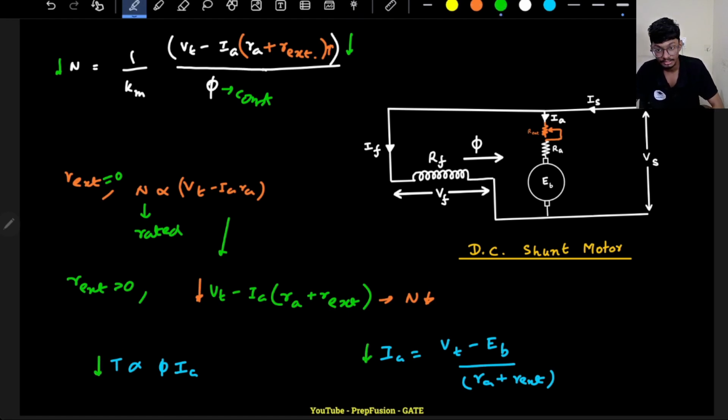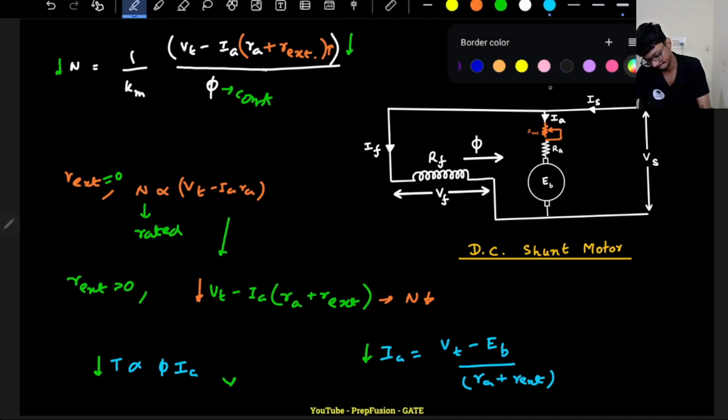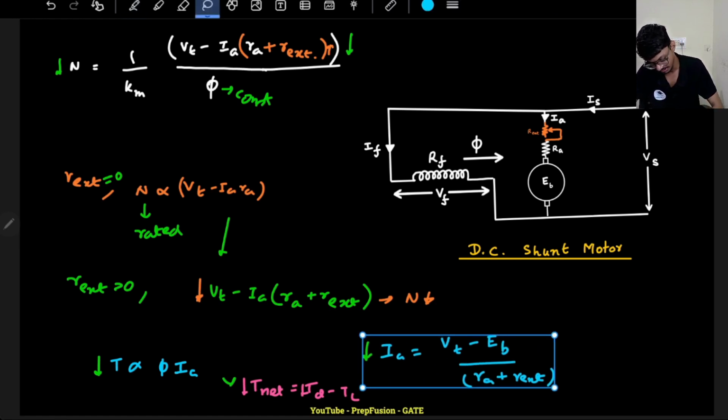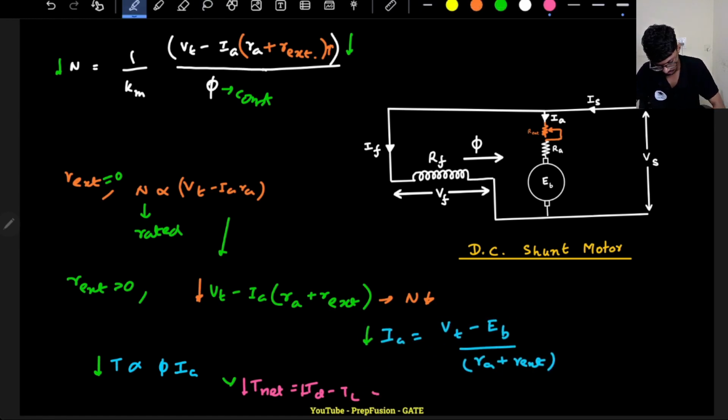If the developed torque reduces, what is my net torque? Net torque is T load minus T developed. So developed torque reduces, so net torque also goes down. That means there is deceleration.